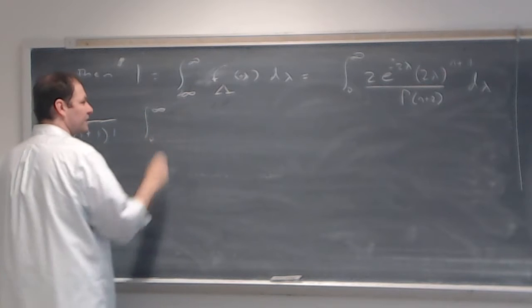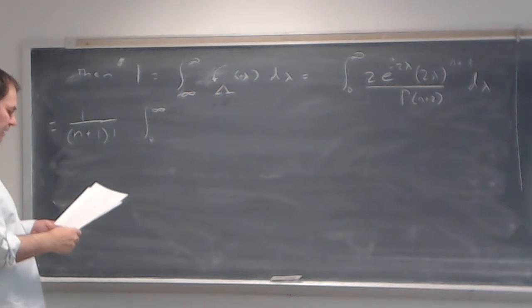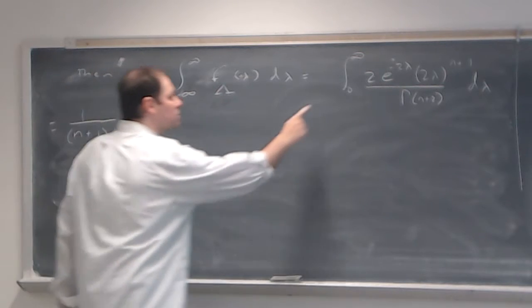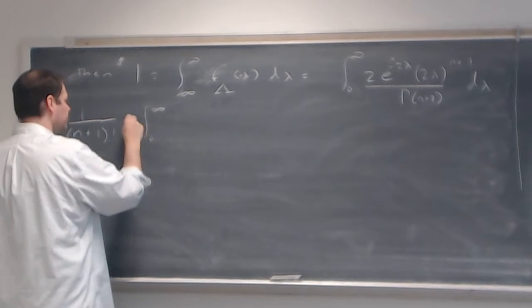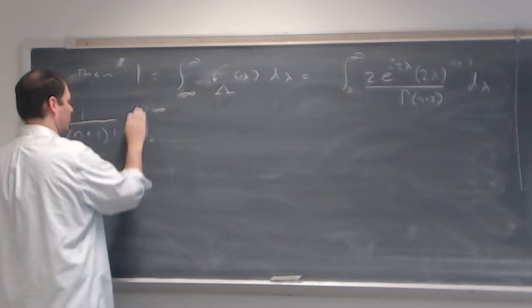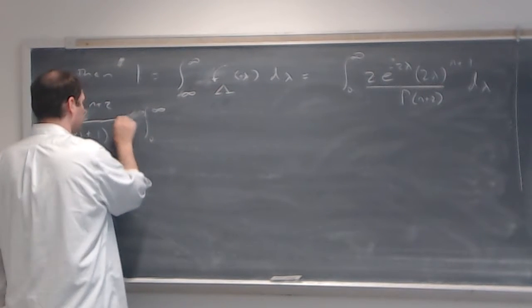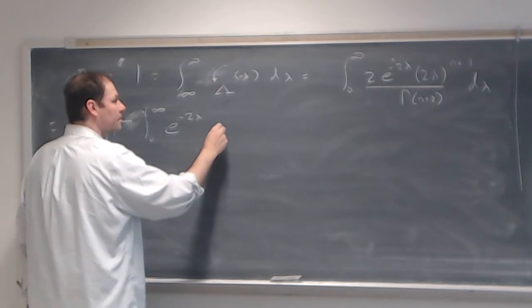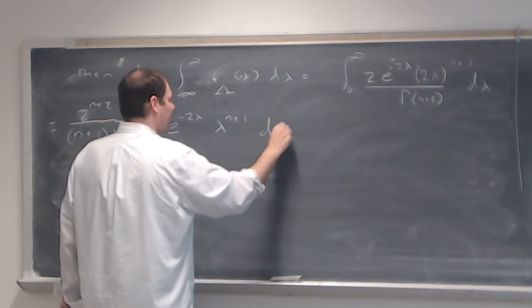Here, the integral from 0 to infinity. I can notice that I have a 2 here and a 2 to the n plus 1 there. That makes 2 to the n plus 2 that can be pulled out, so let's just put that on top. What's left is e to the minus 2 lambda, then lambda to the n plus 1, d lambda.